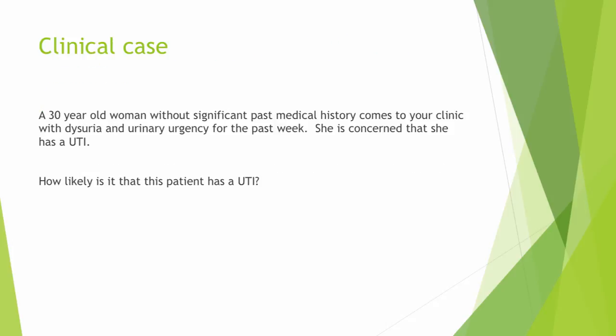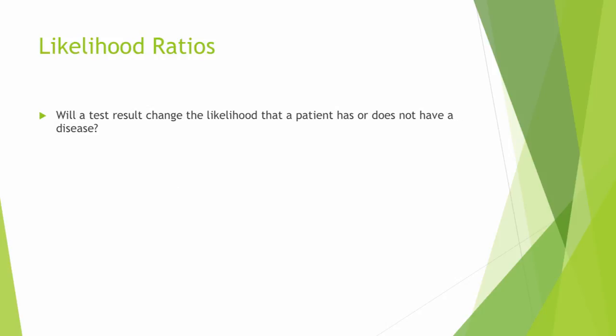Let's go back to our clinical case and answer the question, how likely is it that this patient has a UTI? We're going to use likelihood ratios to help us answer this question. Think of this as a way to predict how much a test will change the likelihood that you think a disease is there. Let's go back to our example of the pulmonary embolism, or the clot in the lung. Let's say I'm in the emergency room seeing a young female patient who's otherwise healthy but is a smoker, and she's short of breath.